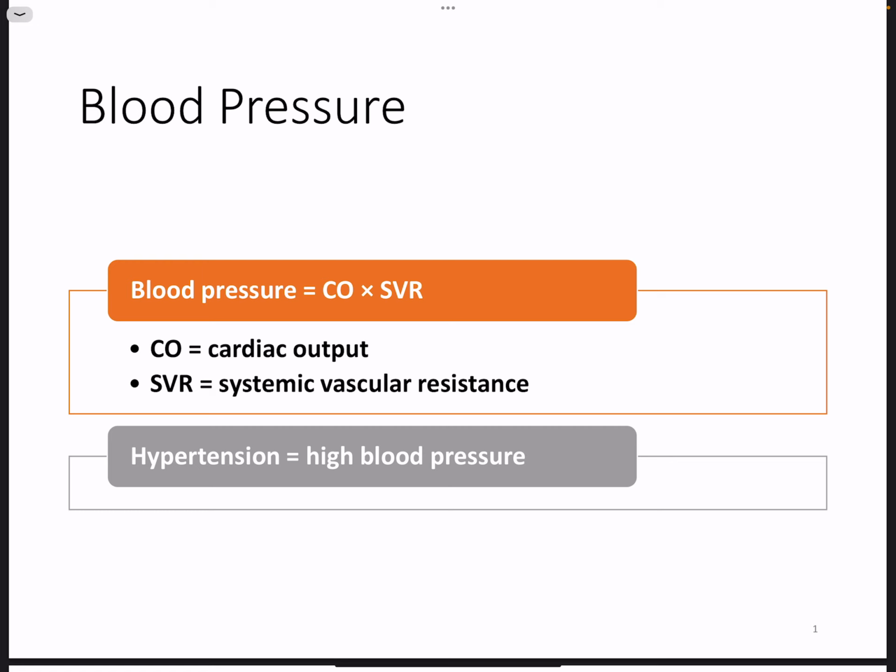What is lifestyle modification? Reduce weight. If the patient is overweight, we would advise the patient to start exercise, go to the gym, have a walk, and start to reduce your weight.